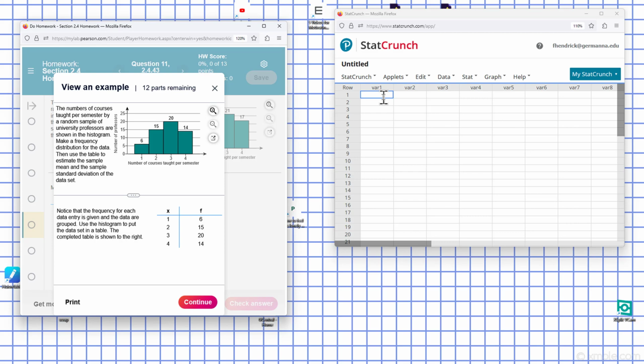So I have 1, 2, 3, 4, and then over here I'll have 6, 15, 20, and 14.